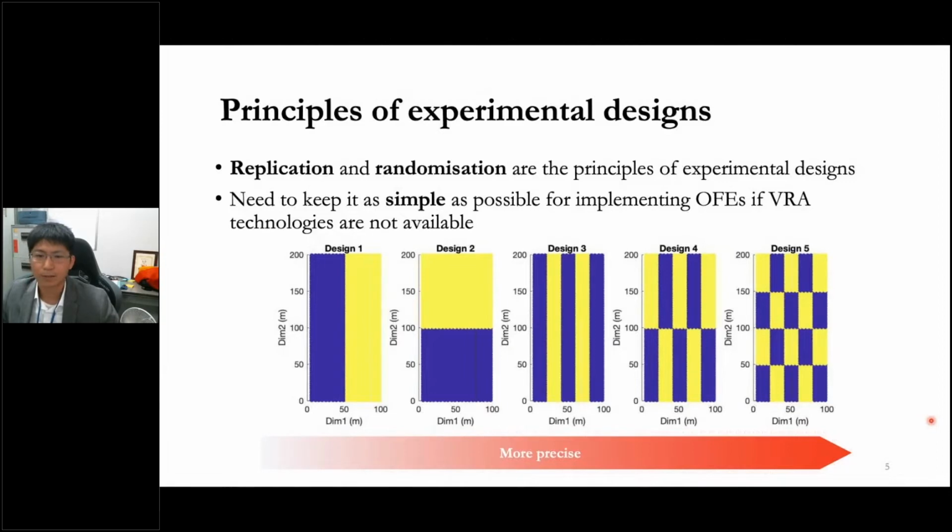Accordingly, the outcomes of statistical analysis are expected to be more precise as well. But we need to keep the experimental design as simple as possible, especially when variable rate application technologies are not available. The most popular experimental design is the strip trial, as shown in the middle of this picture. And later, I'm going to discuss whether these strip trials are recommended or not.